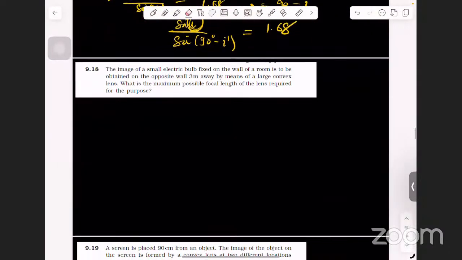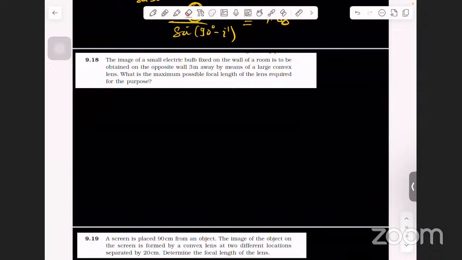All right, so next move on to the 18th question. The image of a small electric bulb fixed on the wall of the room is to be obtained on the opposite wall 3 meters away by means of a large convex lens.